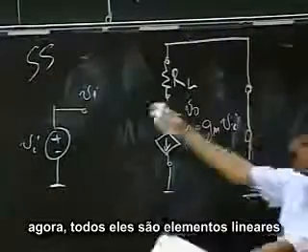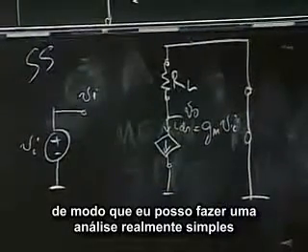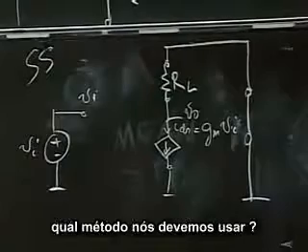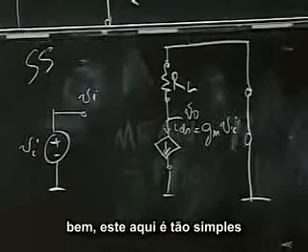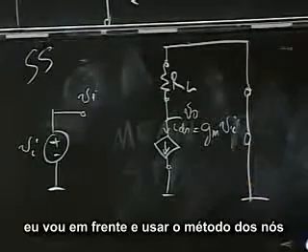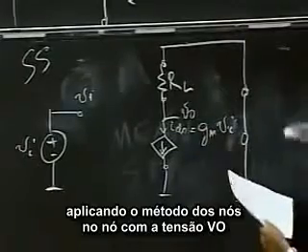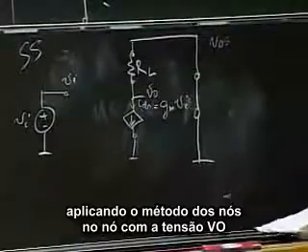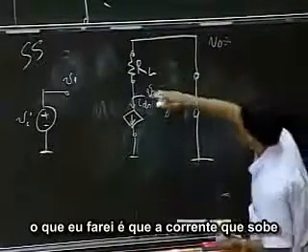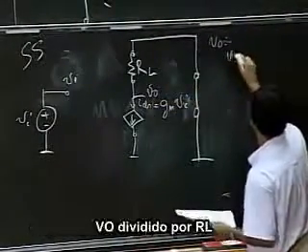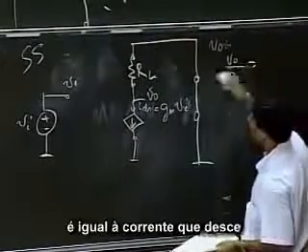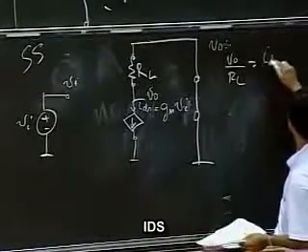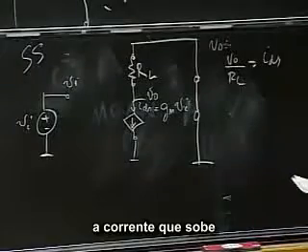Now, these are all linear elements, so I can do a really simple linear analysis. What method shall we use? Well, this is so simple, I'll just go ahead and use the node method. Applying the node method at the node with voltage vo, the current going up, vo divided by RL, equals the current going down, ids.